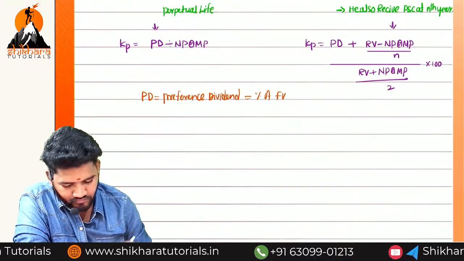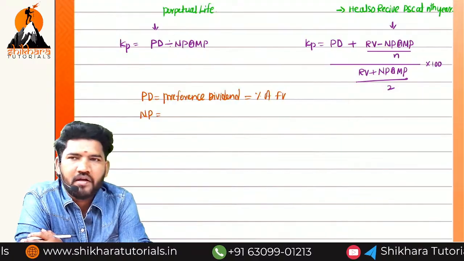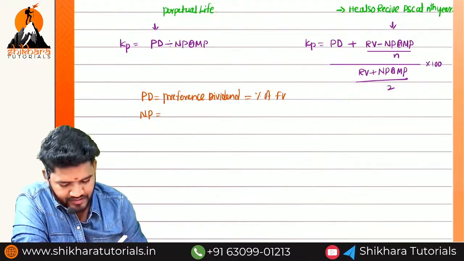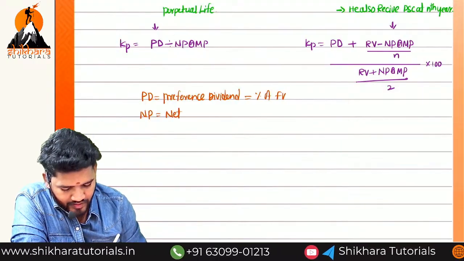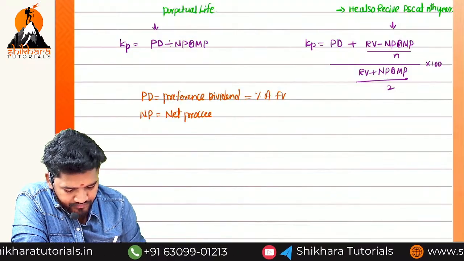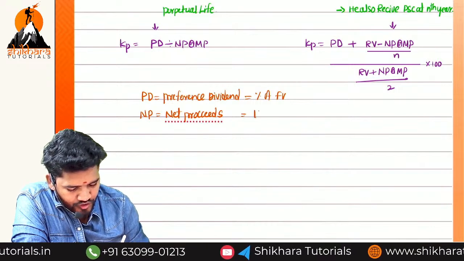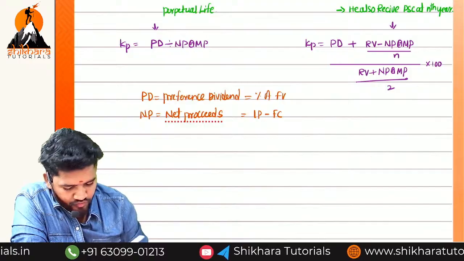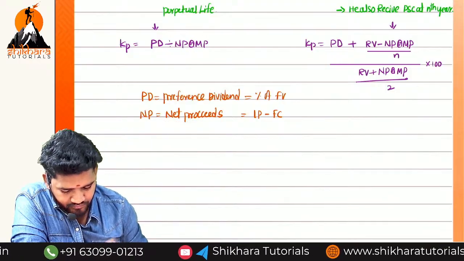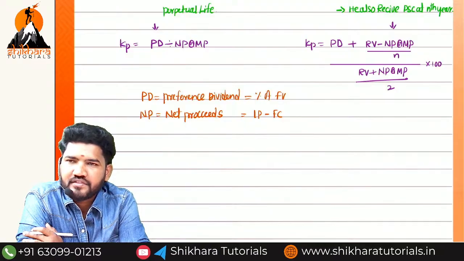Next, you know what net proceeds means. NP means net proceeds or sale proceeds. That equals issue price minus flotation cost. What is meant by issue price?